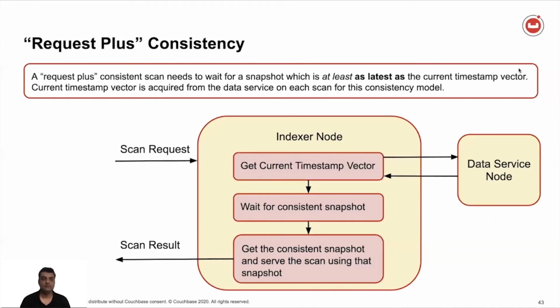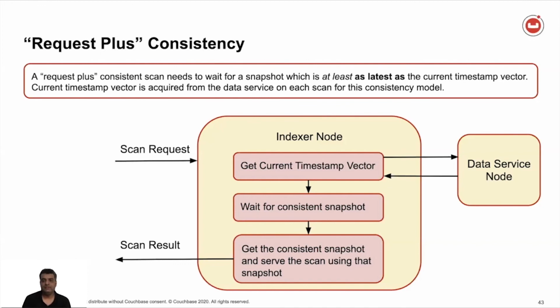Now let's talk about the second consistency model that is exposed by Couchbase server, which is called request+. In case of request+, unlike @+, the scan request is not going to carry any request timestamp with it. On the other hand, when the indexer node receives the request, it will have to get the current timestamp from the data service.